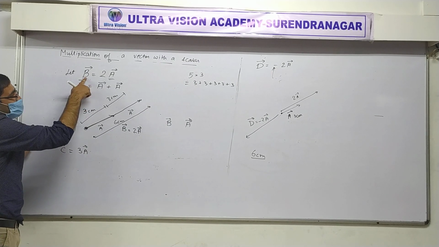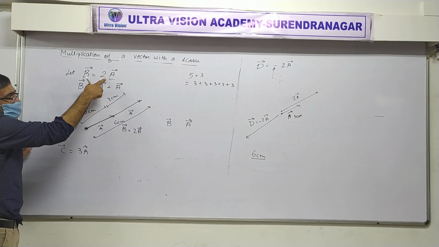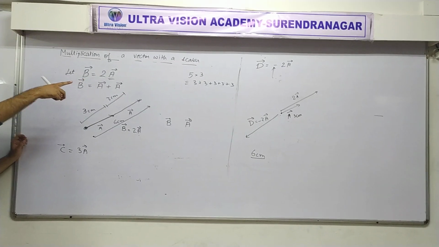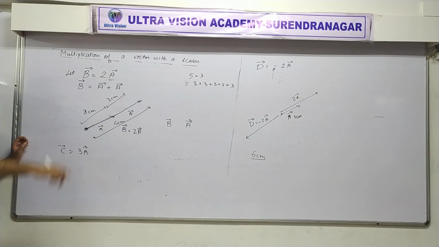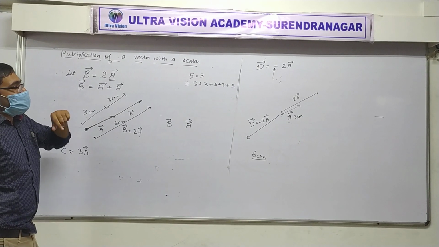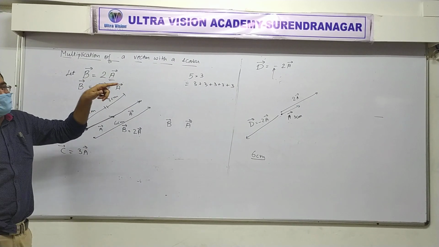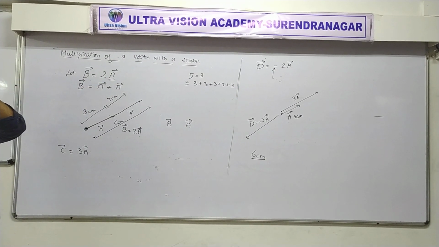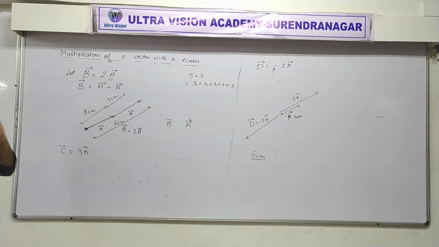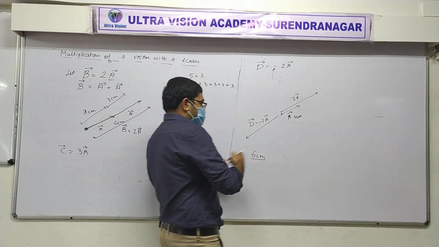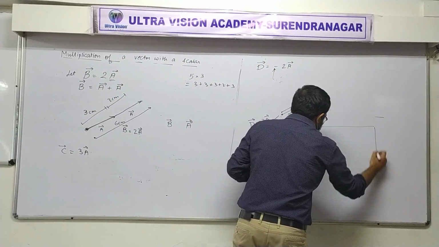B vector is in same direction as A vector. Got it? So ખબર કેવી રીતે પડે? The vector will be in same direction or in opposite direction. Minus sign હોય તો ખબર પડે opposite direction. Plus હોય તો Same. Sure?